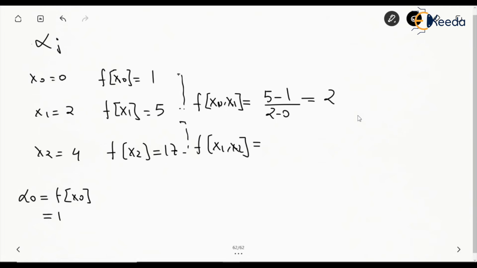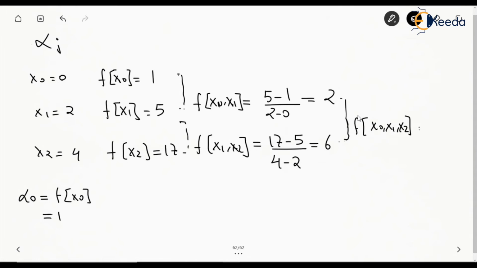This is f of x2 minus f of x1, so this is 17 minus 5 over x2 minus x1, which is 4 minus 2. So this is 6. And again from this pair we are going to get f of x naught x1 x2.